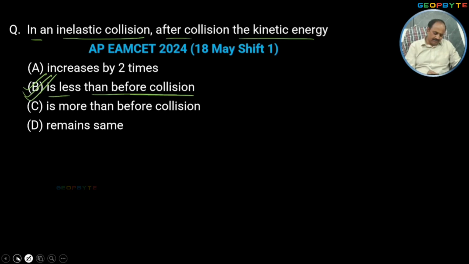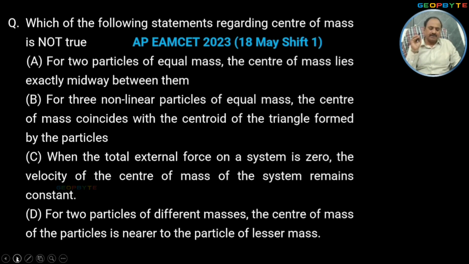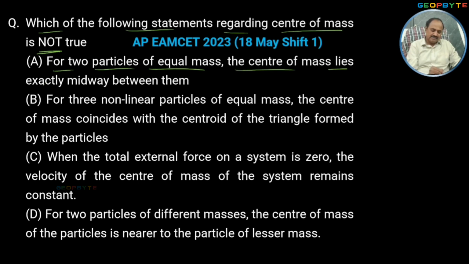Okay. Similarly, look at another important problem. It is also a concept oriented question asking like this. Which of the following statements regarding the center of mass is not true? If you're asked to decide which statement is not correct, look at the first statement. For two particles of equal masses, the center of mass lies exactly midway between them.